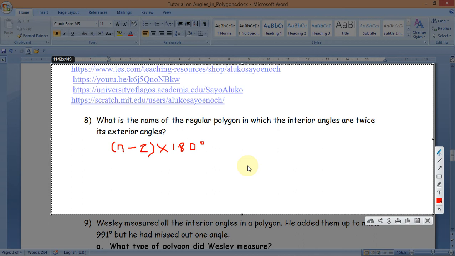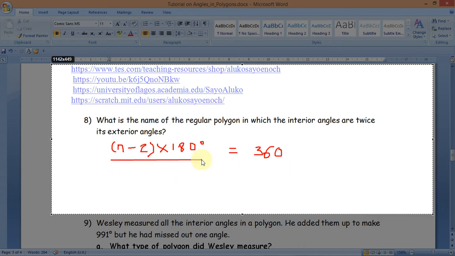Similarly, in any regular polygon, the sum of the exterior angles is 360. This is the sum now. But you are working with each angle now, because I need a regular polygon in which the interior angles are twice its exterior angles. So if you want to relate each interior angle and each exterior angle, then you divide by n. So you know how to get it.